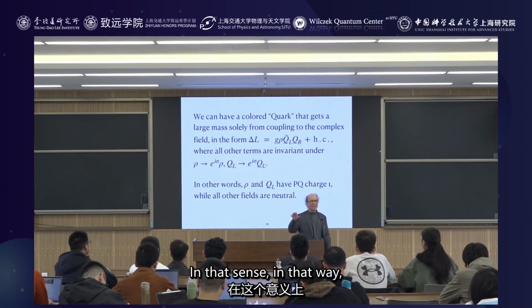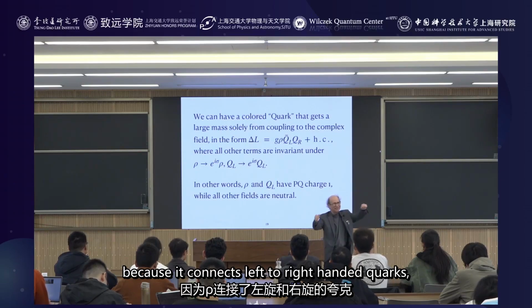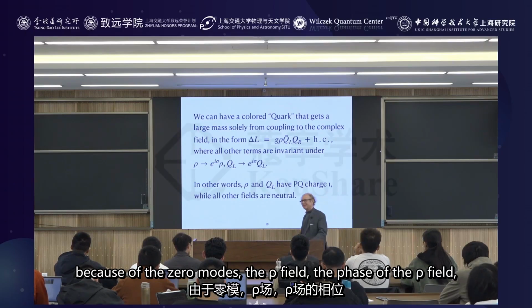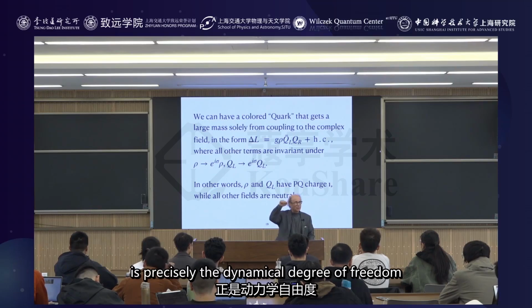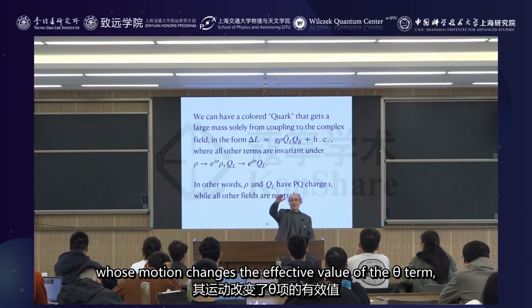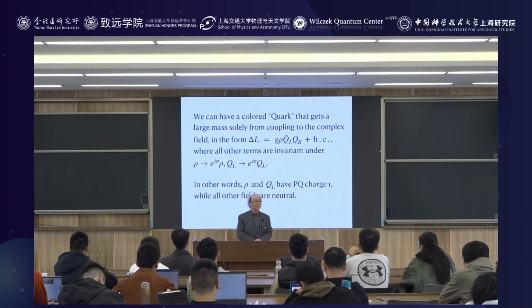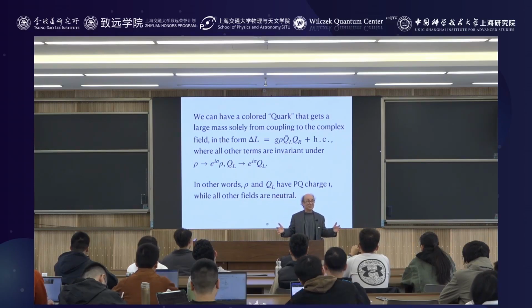So in that way, because it connects left- to right-handed quarks because of the zero modes, the phase of the rho field is precisely the dynamical degree of freedom whose motion changes the effective value of the theta term, but doesn't change anything else, right?